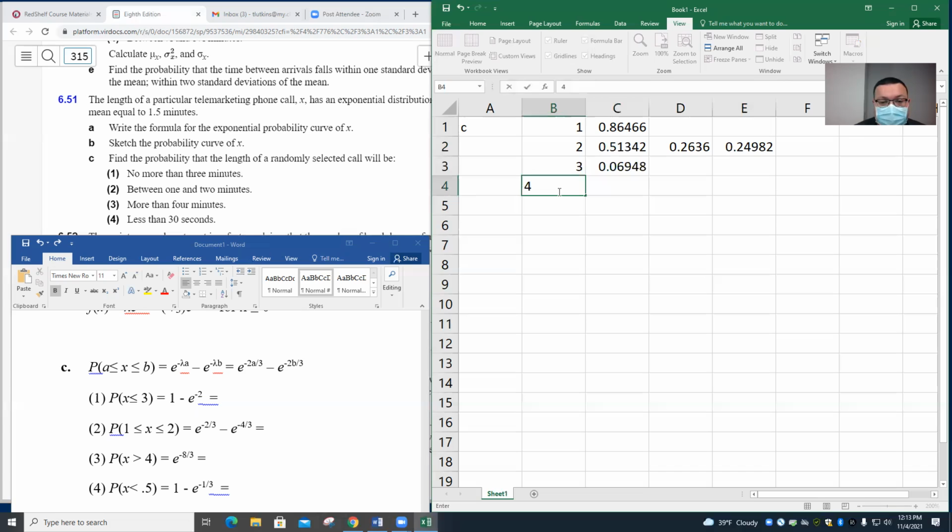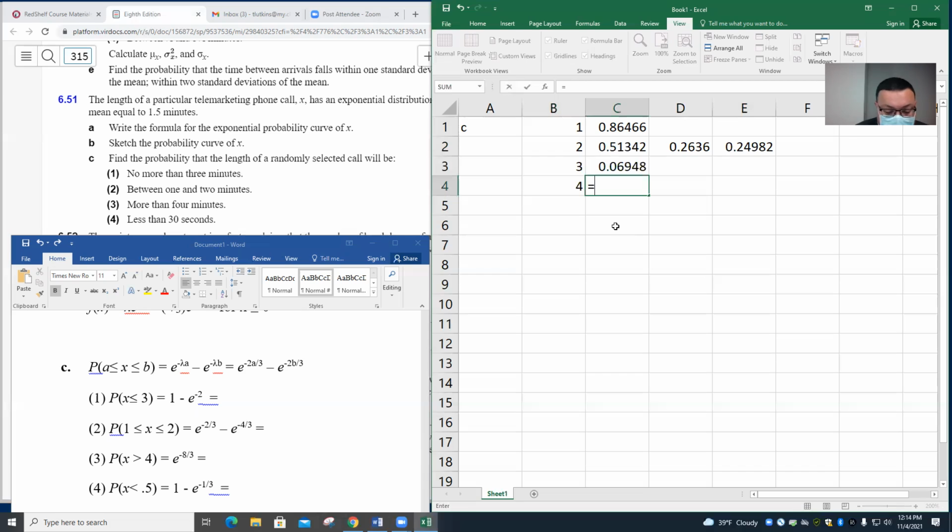All right, and then we have problem number 4. It's asking for less than 30 seconds. This is one where they're kind of trying to throw you a curveball, because we're doing everything in minutes and then it says 30 seconds. We know 30 seconds is half of a minute, so it would be the probability of X less than 0.5. That equals 1 minus e to the exponent -1/3.